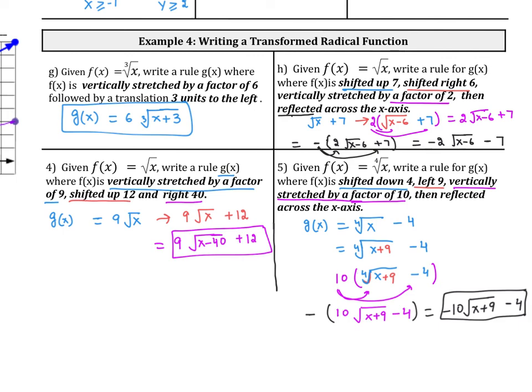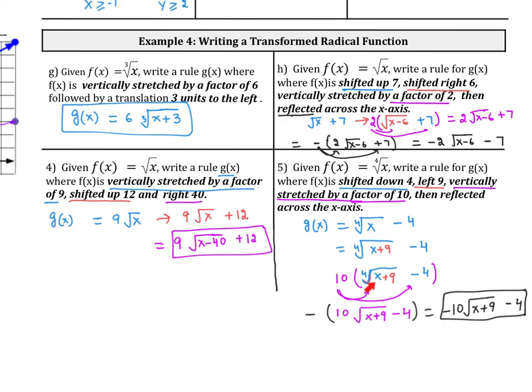Next is number 5, the g(x) that you want to write. First thing is 4 units down, outside of the function, 4 units minus. Left 9, inside you're going to add 9. Vertically stretched by 10 means you multiply 10 with the whole function and distribute inside.